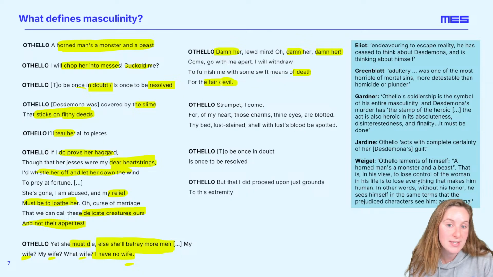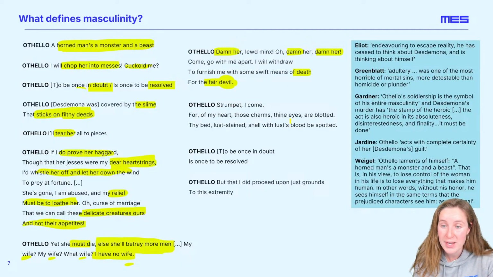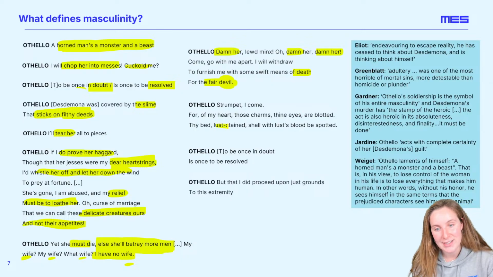Then we also have this idea of her presentation as well, if she's a devil here who has led him astray, tempted him. Same, strumpet I come, for of my heart those charms, thine eyes are blotted, thy bed lust stained, shall be with lust's blood be spotted.